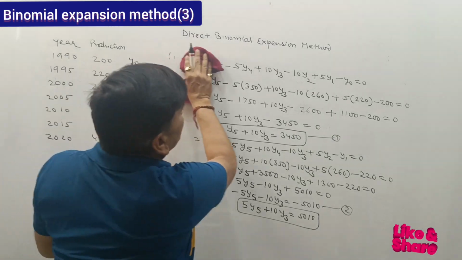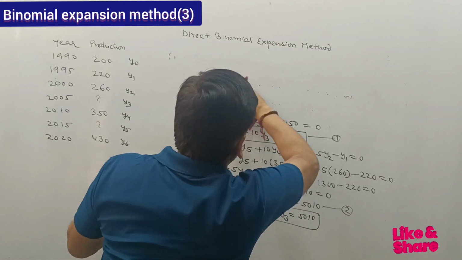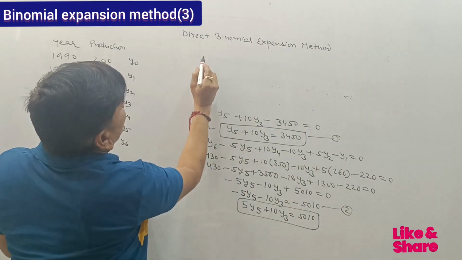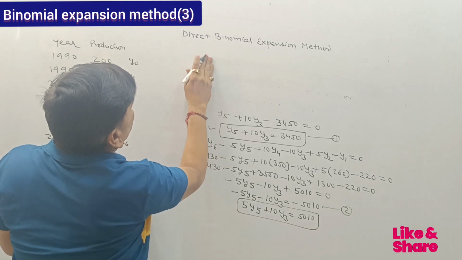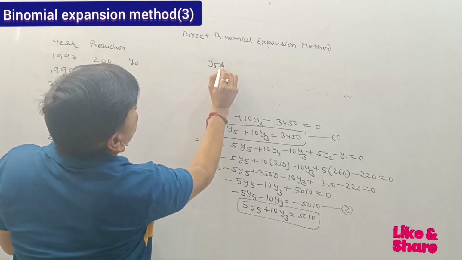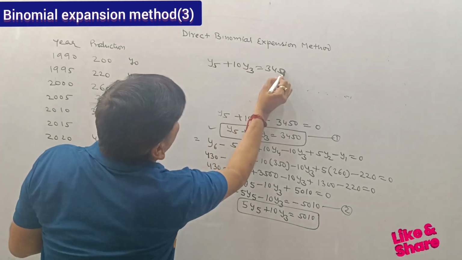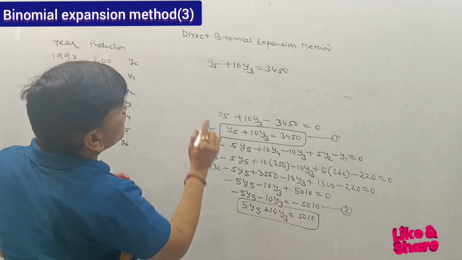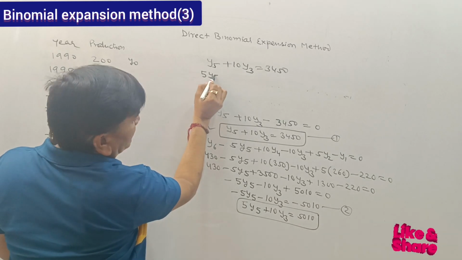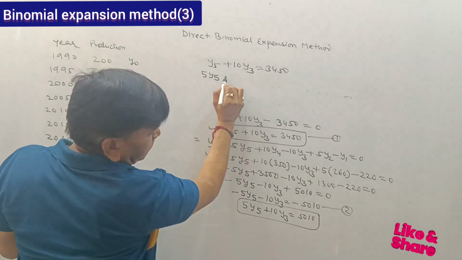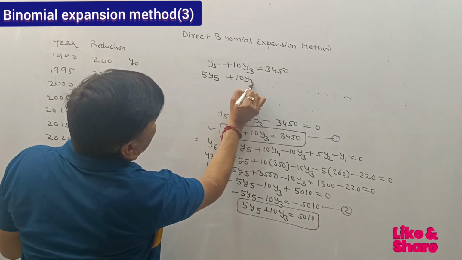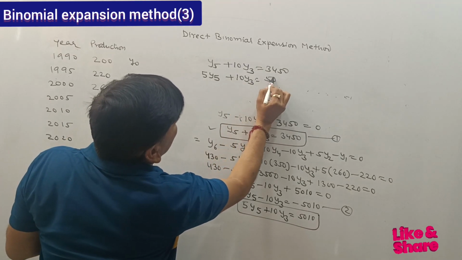The first equation which we have is y5 plus 10y3 is 3450, and the second equation is 5y5 plus 10y3 is 5010.